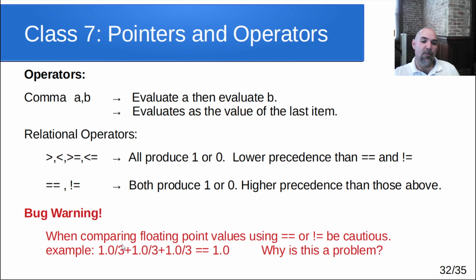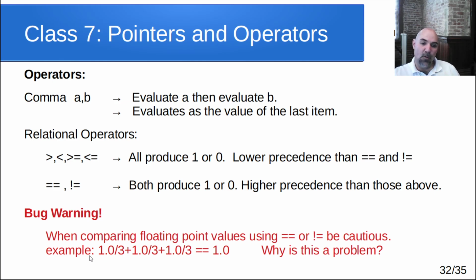So we have 1/3 plus 1/3 plus 1/3 should be equal to 1.0, but it's unlikely it's going to actually be equal to 1.0. And the reason for that is rounding error.